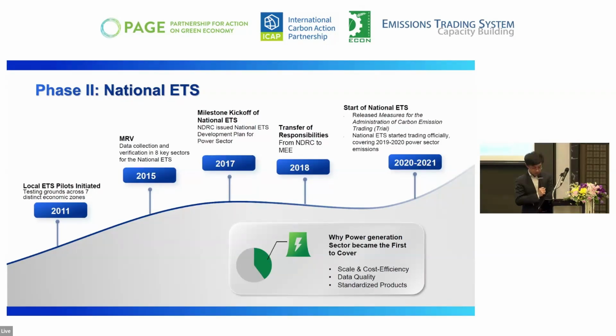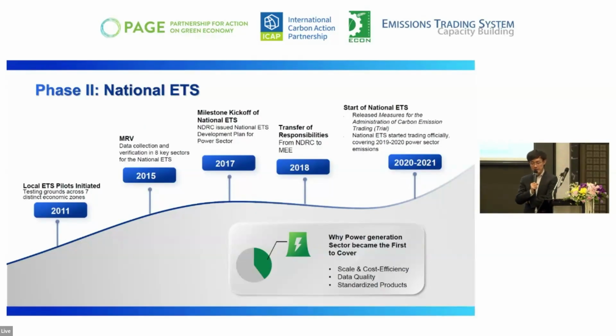Another thing happened along the way with the China national ETS establishment. The responsibility of managing the ETS belonged to the NDRC, the National Development and Reform Commission, before 2018, and was managed by the climate change department attached to the NDRC.